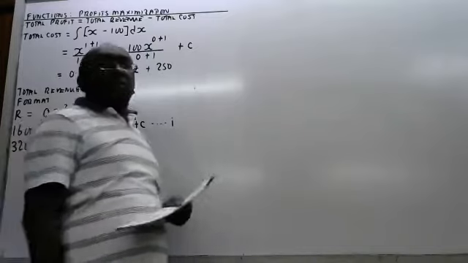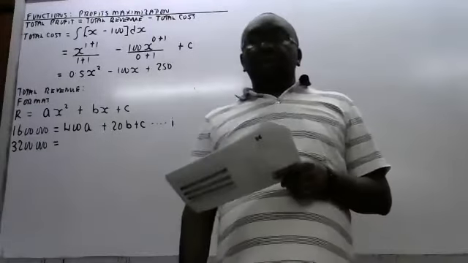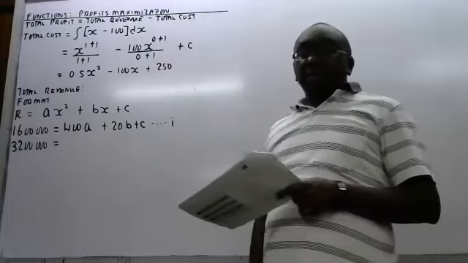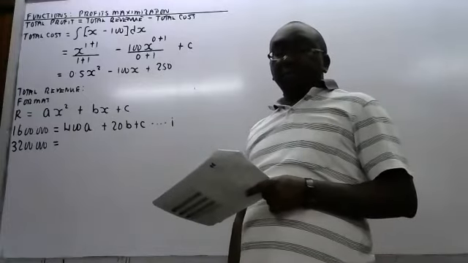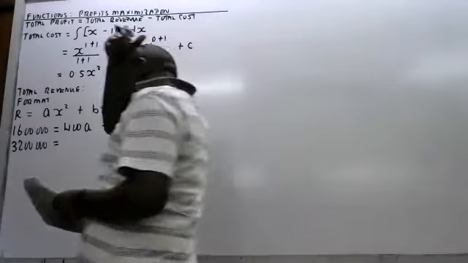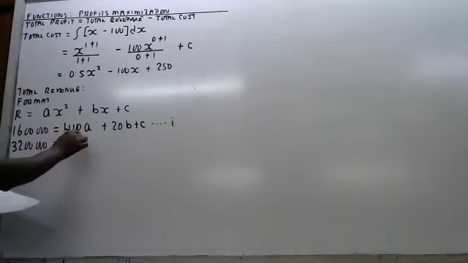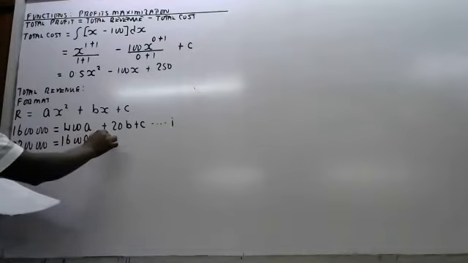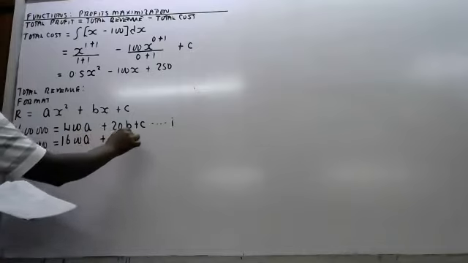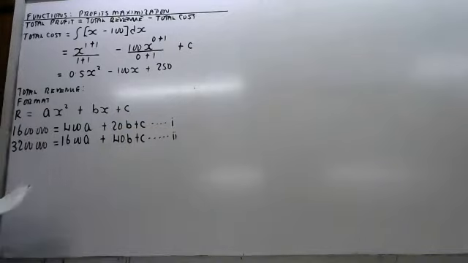Tell me, 40 squared is what? Yeah, good. I can see 1,600. So 1,600A plus 40B plus C. That is Roman 2.